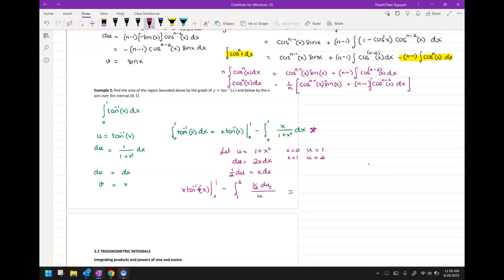Evaluate this whole thing, we get pi over 4 minus 1/2 times ln of 2.